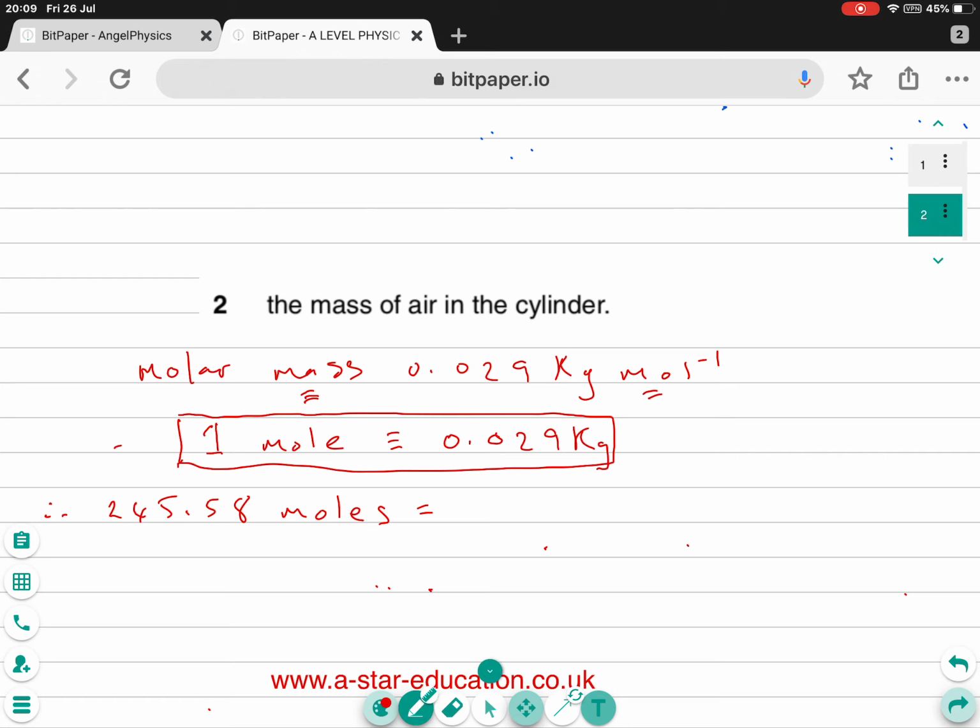So if we're going to multiply the left-hand side of this by 245.58, then we must do the same to the right-hand side. So we'll have 245.58 multiplied by 0.029 kilograms. Okay, so we've got moles on the left-hand side. We've got kilograms on the right-hand side. So that is going to be, once we've computed the right-hand side, the mass of the air. This is kilograms on the right-hand side.